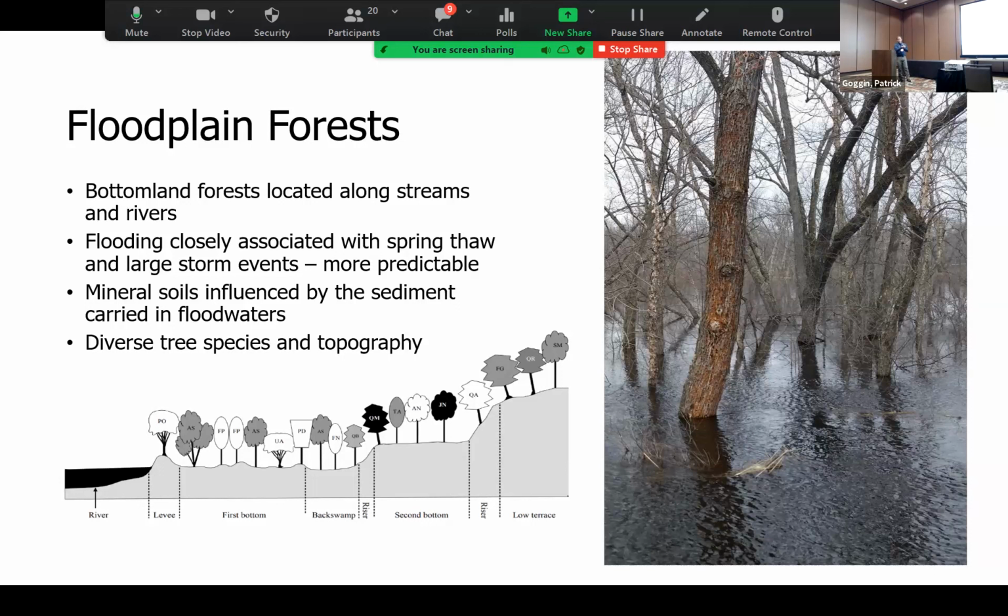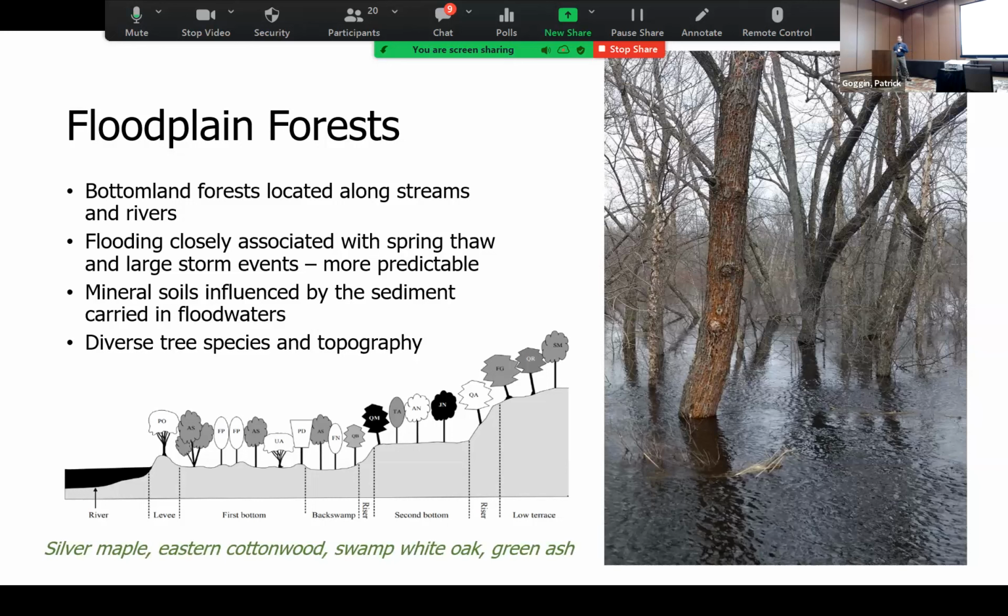But in the backwaters, those first bottoms, the water slows down and deposits more silts and fine material. And so you get a lot more variety of tree species that grow on all of these different micro topographies. It's kind of cool if you're ever in a floodplain forest and you're walking, say, from the river inland, to think about that topography and see if you can recognize some of those different attributes.